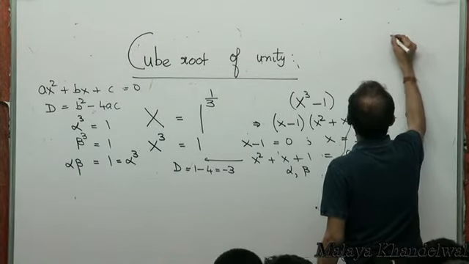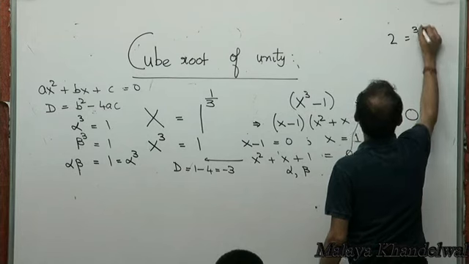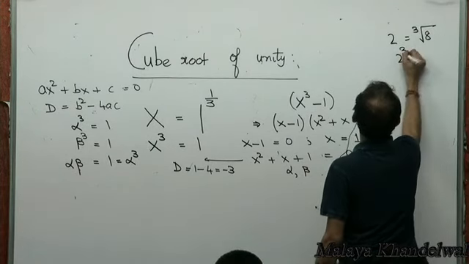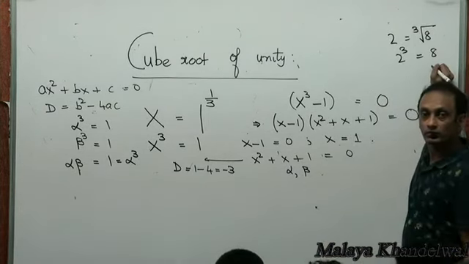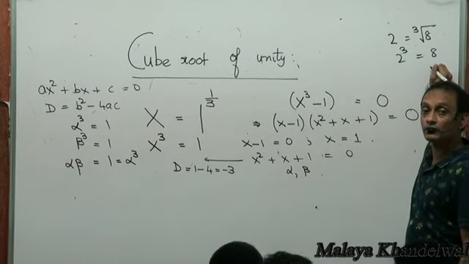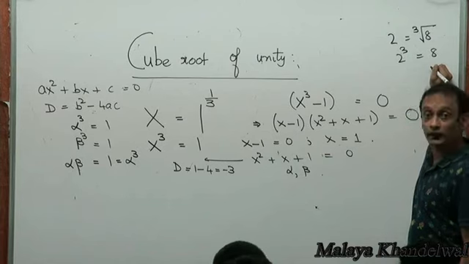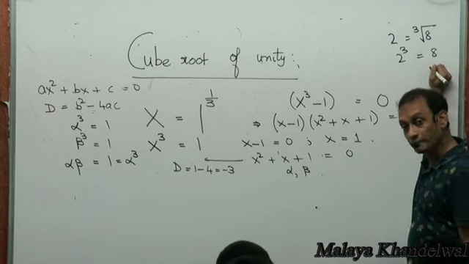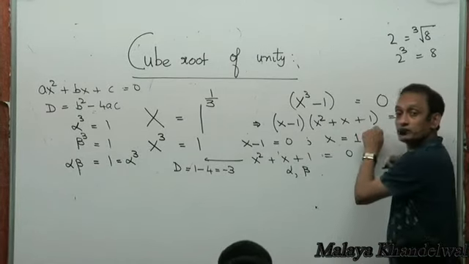If 2 is a cube root of 8, then 2 cube must be 8, isn't it? So if alpha is a cube root of 1, then alpha cube must be 1. If beta is a cube root of 1, then beta cube must be 1, right? Did you understand this?